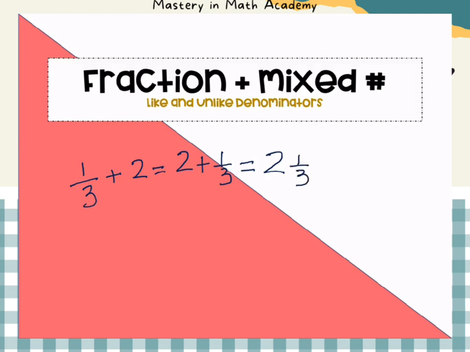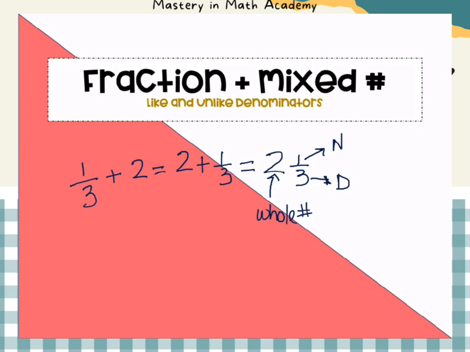And here's the part of this lesson that I want to go over with you. Notice that your 2 is your whole number. Your 1 is your numerator, so I'm going to write N for numerator. And your 3 is your denominator.